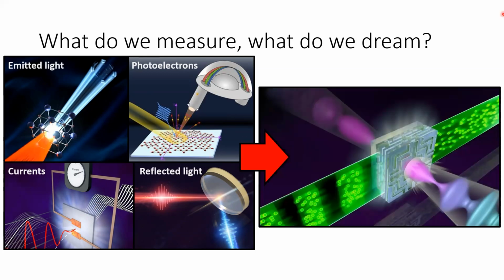The dream is that we can combine these tools to really understand what is going on with the electrons in a material when it's hit by this laser pulse, and use those properties in a more complicated circuit than what I've shown here on the left, to create a device where we shine a laser pulse on it and can control the properties of, let's say, the current that comes out.